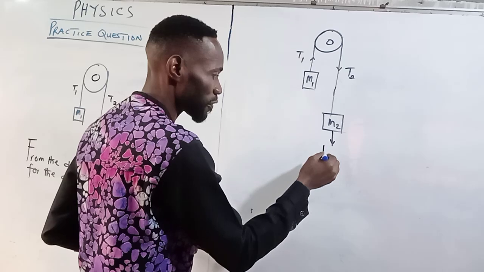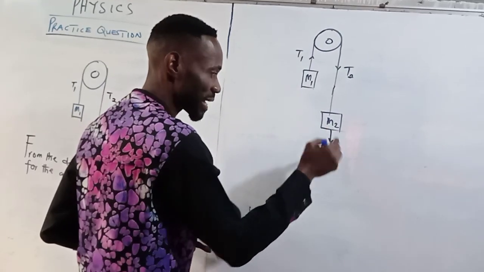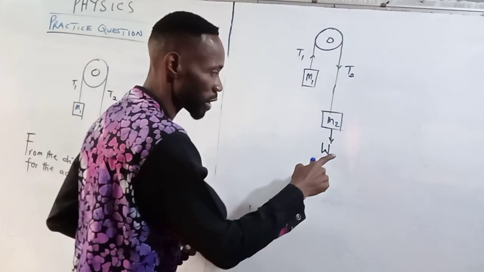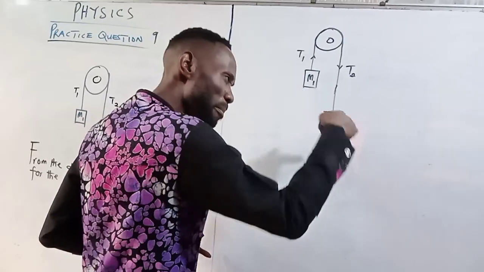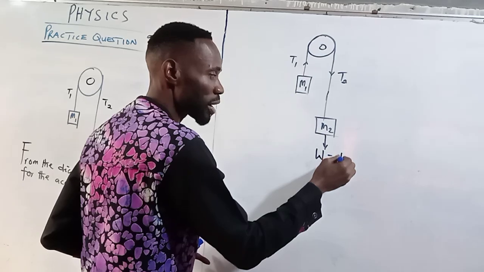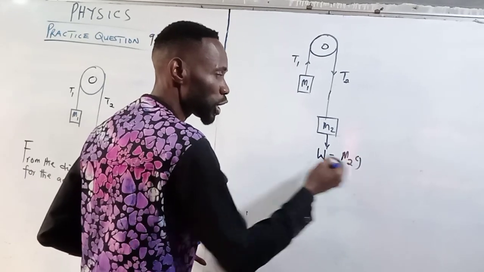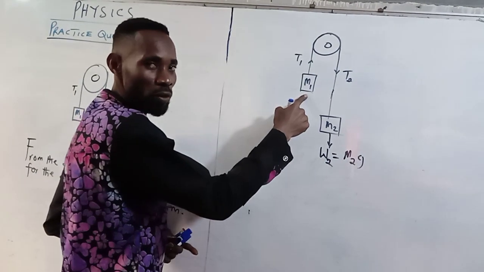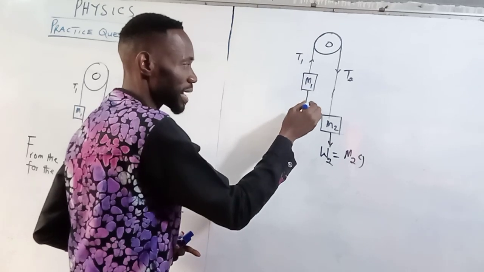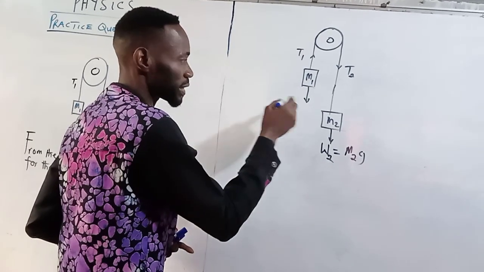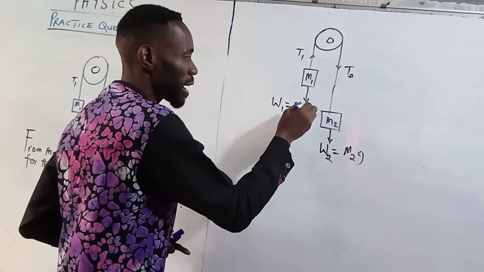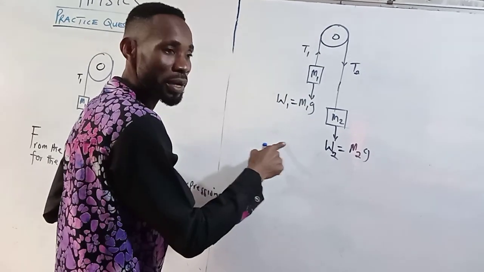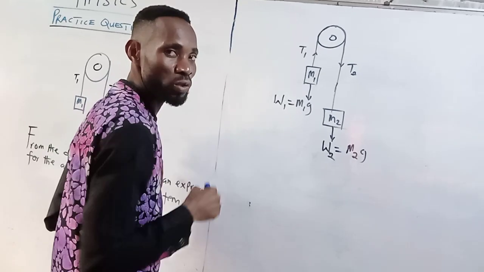For mass M2, we're talking about weight W2. The weight will be equal to the mass of the body times acceleration due to gravity, so W2 equals M2G. Consider this mass also. The weight of this object is acting downward, and the weight W1 will be equal to M1G. If you take a look at both of them, G is constant, acceleration due to gravity.